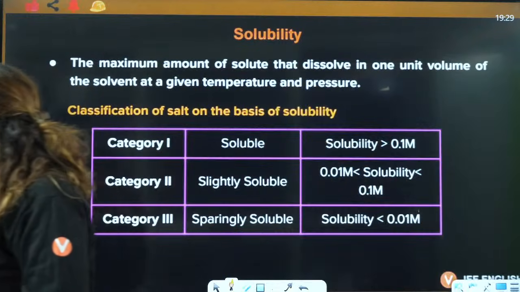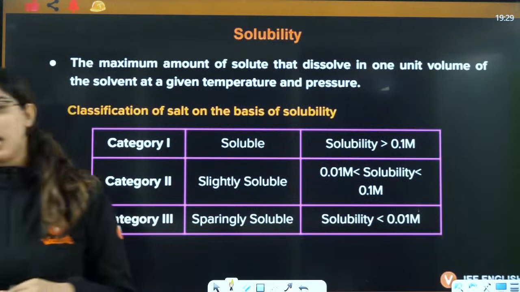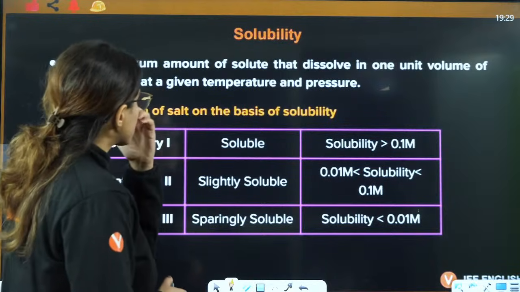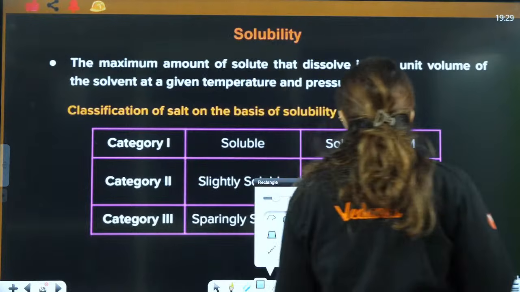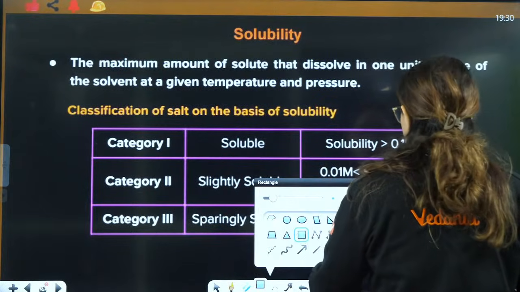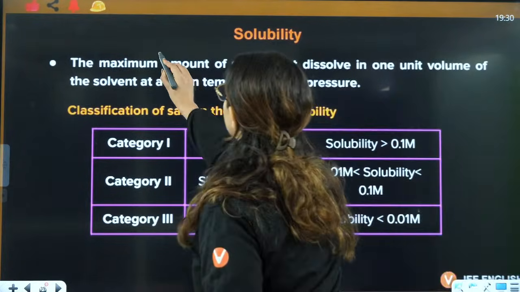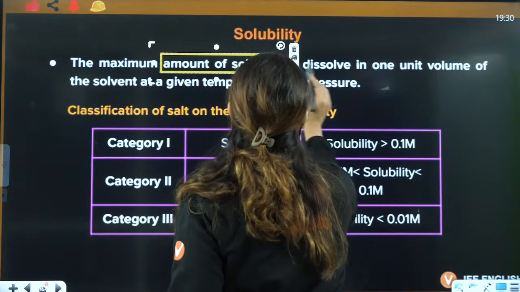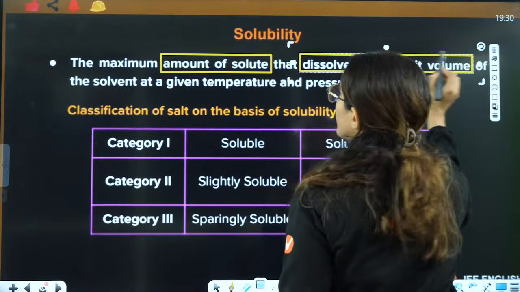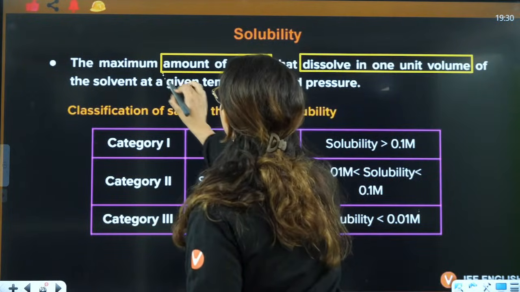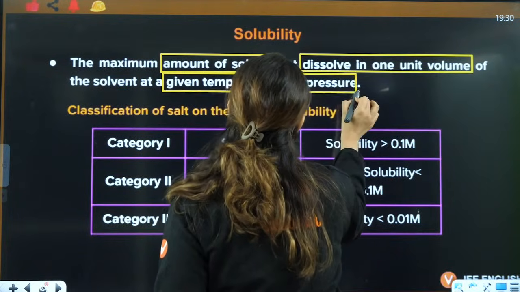Okay. Now, if you see solubility, what is solubility? It is the maximum amount of solute that can dissolve in 1 unit volume of the solvent at a given temperature and pressure.